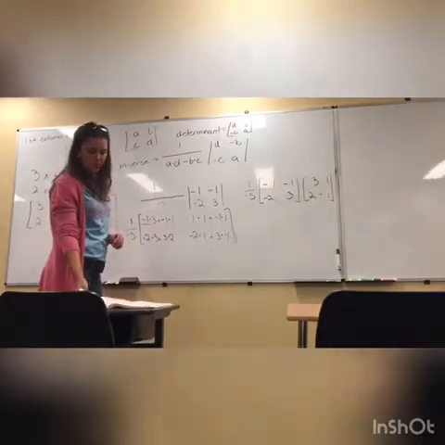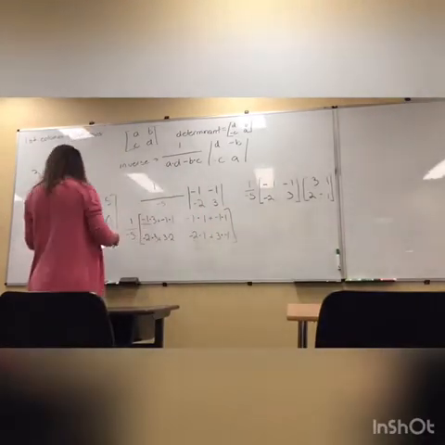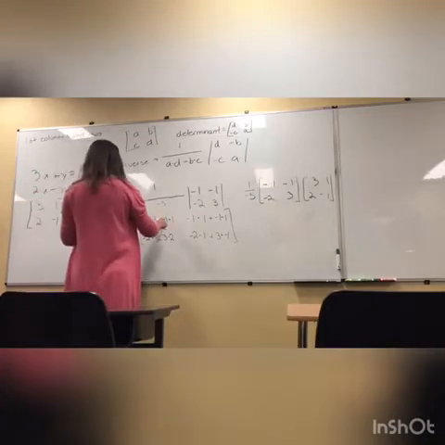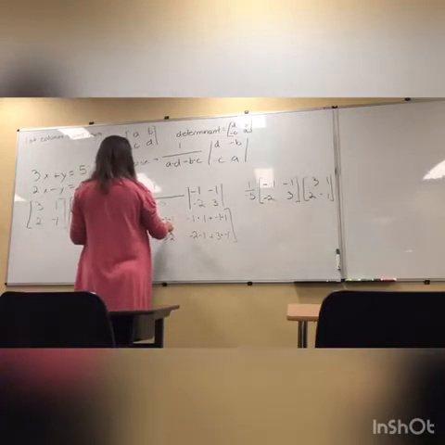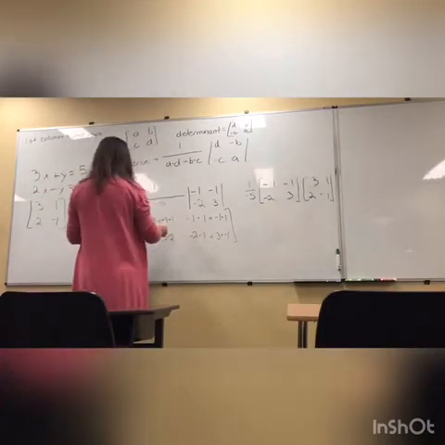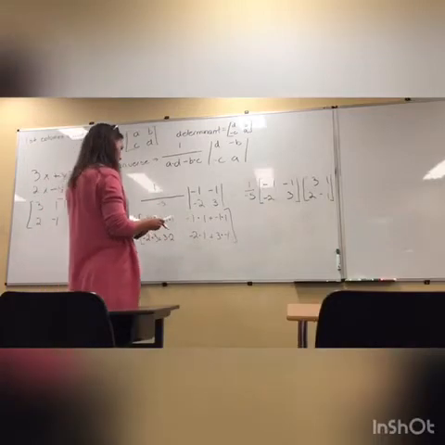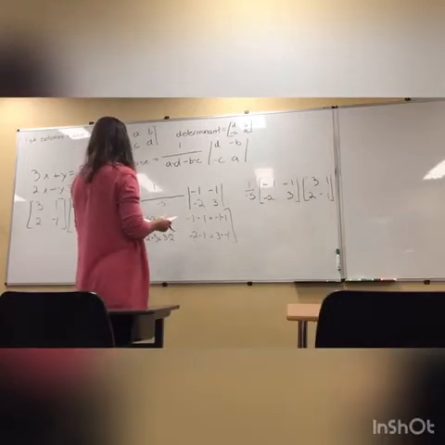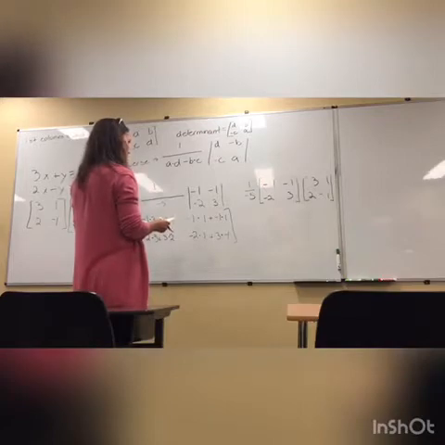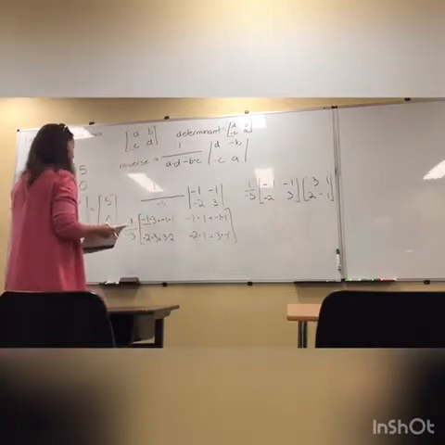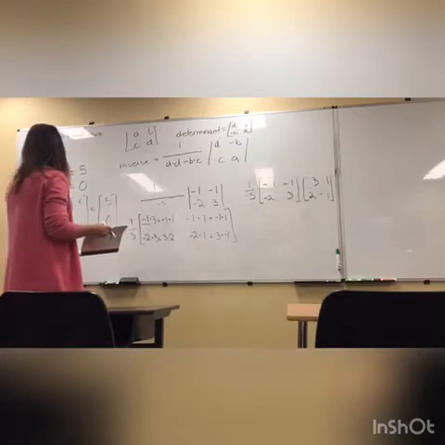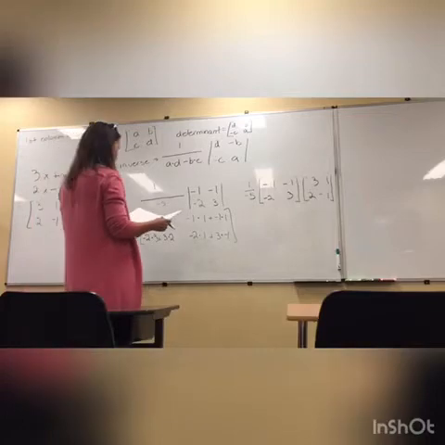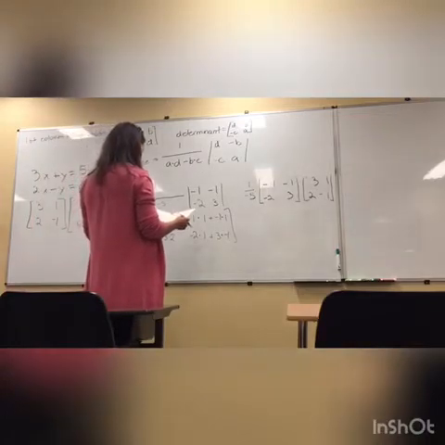Let me just check the numbers before we solve it. And we have negative 1 times 3 times 2. Inverse is negative 1, negative 1, negative 2, 3.